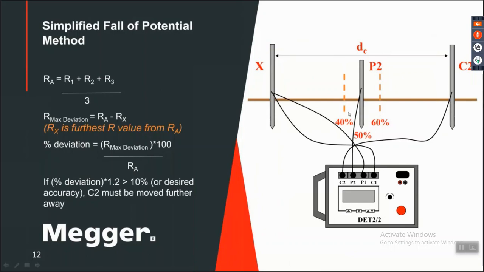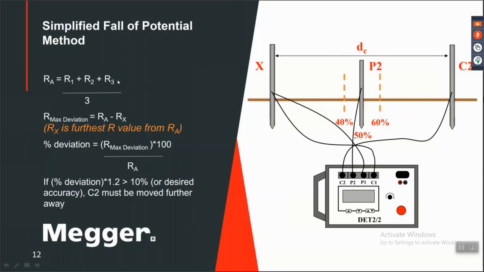You get the measurement R1, and then you move to the left side, maybe 20% or 10%, and you get R2. In the same way, you move to the right side from the center position, 10% away from the center, and you get measurement R3. The next step is you need to do the calculation to make sure this method is still acceptable on your system.